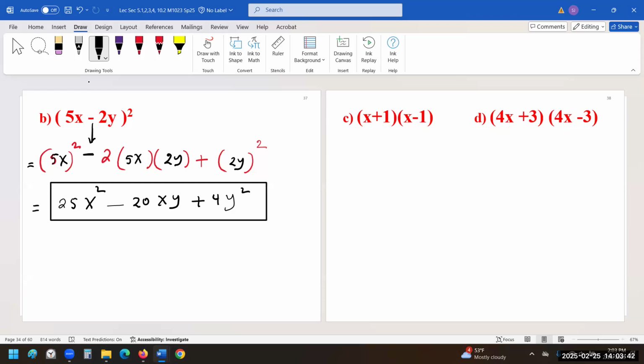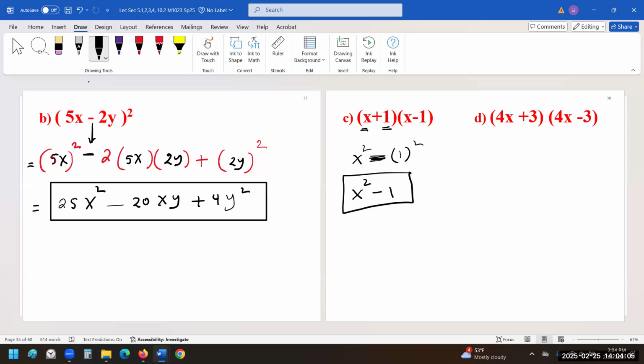Let's do two more. We didn't have to use FOIL because the rule says all you have to do is take the first one squared, always minus, take the second term squared. So we have x squared minus 1, and that would be the answer.